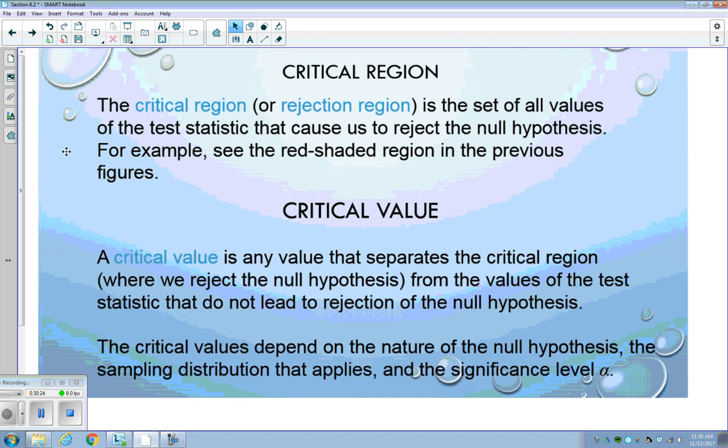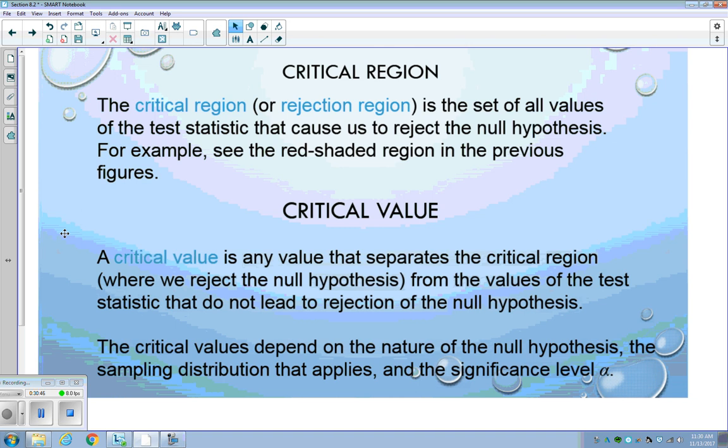Critical region, same thing. I can use the critical region value method, or I can use the p-value method. Either one will give you the same result. The critical region is the set of all values of the test statistic where I would reject.